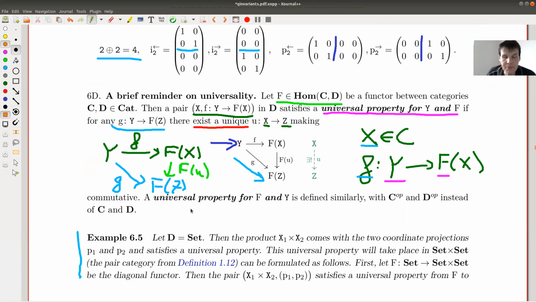And absolutely similar, just for op categories, there's also a universal property for f and y, just reversing all arrows. The universal property for y and f is using a morphism from y to f, and the universal property for f and y is using a morphism in the opposite direction, from f to y.